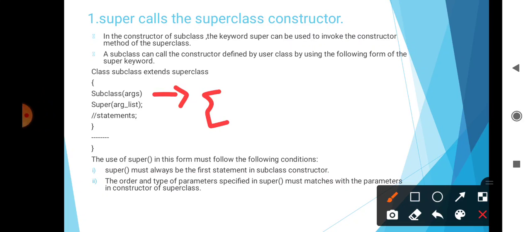The use of super in this form must follow the following conditions. Super must always be the first statement in a subclass constructor. Then the order and type of parameters specified in super must match the parameters in the constructor of the superclass.